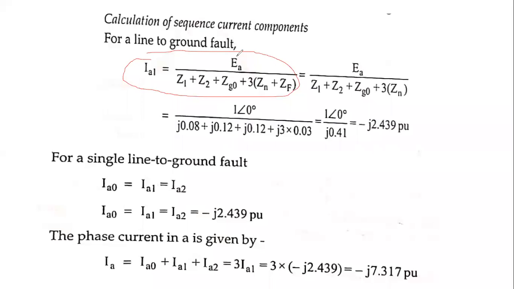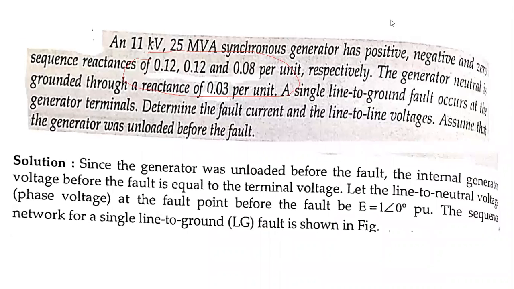We substitute EA equal to 1 at an angle of 0 degrees, and in this question we have the Z1, Z2 and Z0 values: the positive, negative and zero sequence impedances.